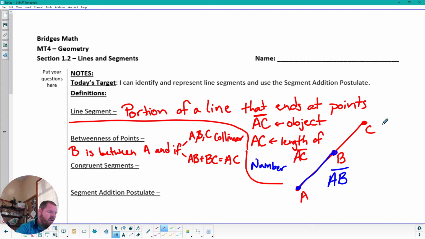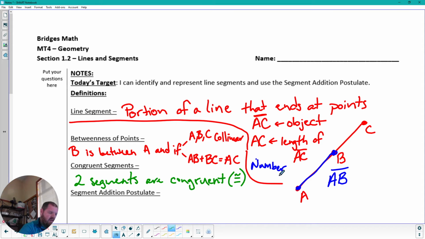Now, more talk on the length of segments comes when we start talking about congruent segments. We would say that two segments are congruent. The symbol for congruent is an equal sign with a little wave on the top.